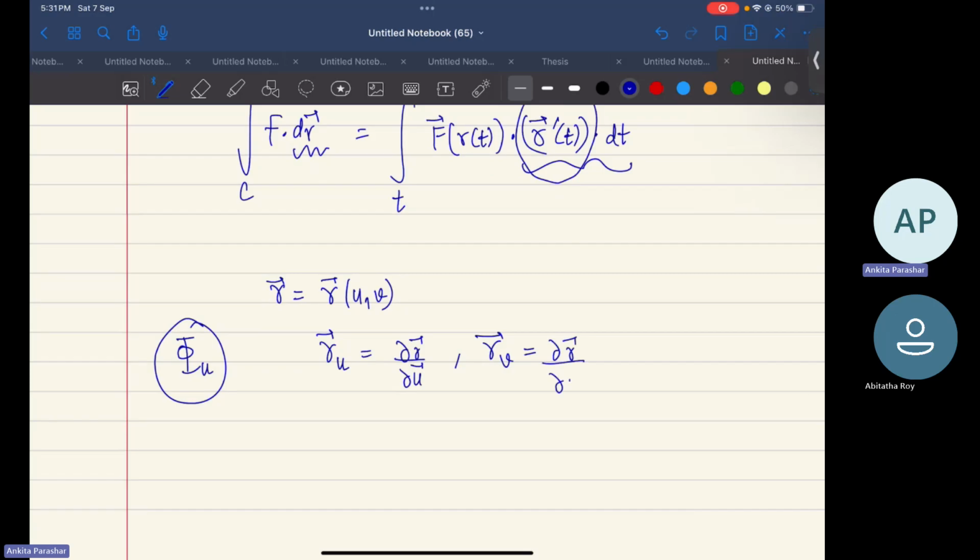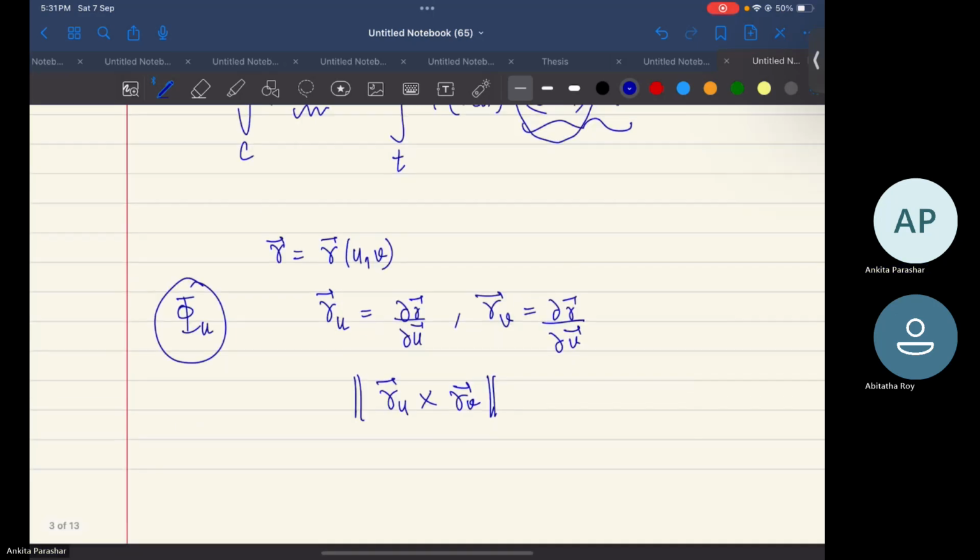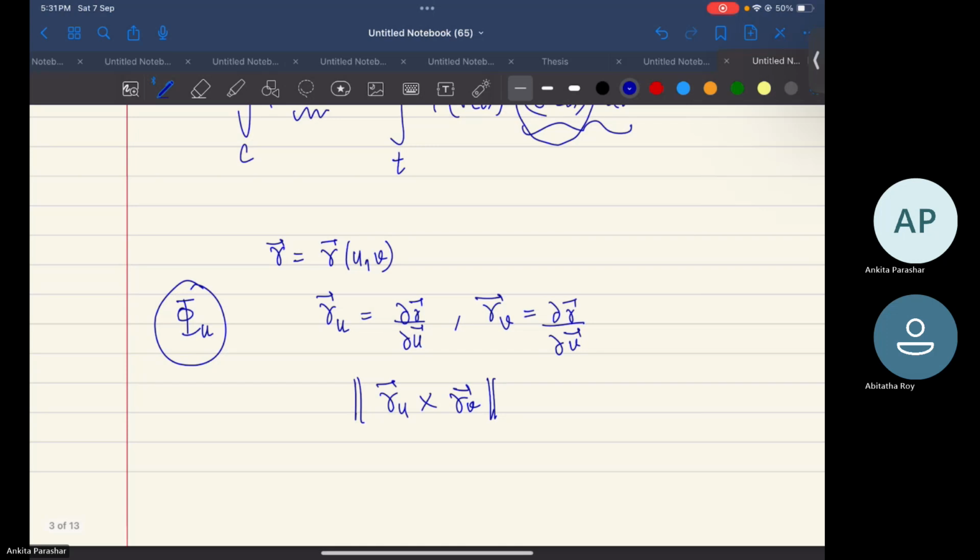Then we take r_u cross r_v to get the normal vector to the surface, and then take the norm of it. So dS would change to the norm of r_u cross r_v times du dv.